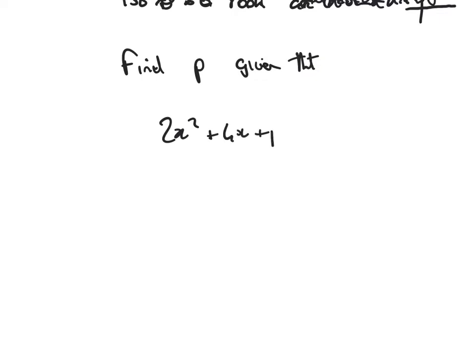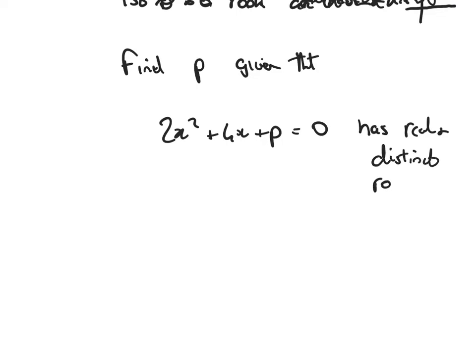Okay, let's try another. So this time we're going to look at finding an unknown value, which is p. So find p given that 2x squared plus 4x plus p is equal to 0 has real and distinct roots.